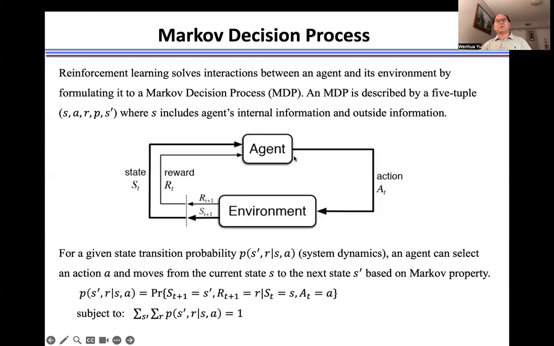So an agent has to learn or understand his environment by learning from human demonstrations or from his own explorations. Once the agent understands or learns his environment, he can find a policy to select an action and receive a reward, and move from his current state to the next state.